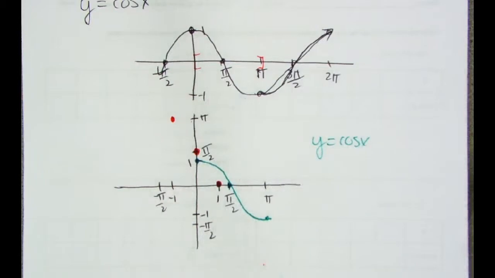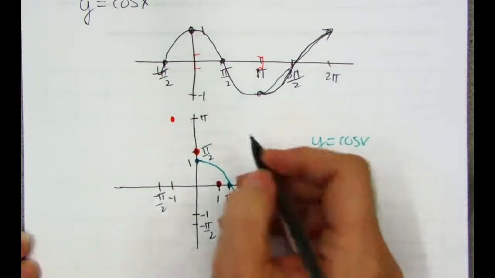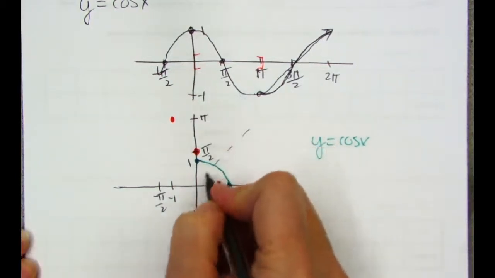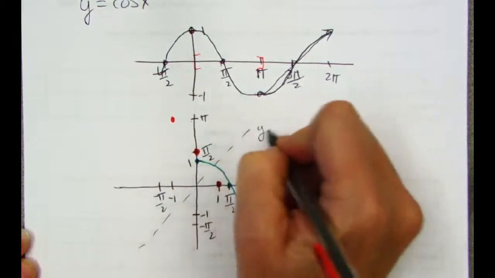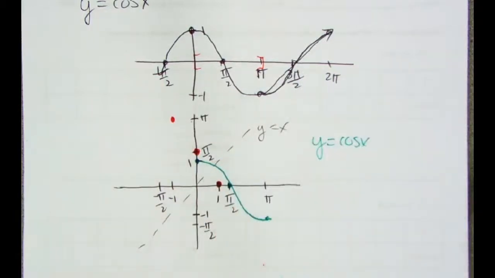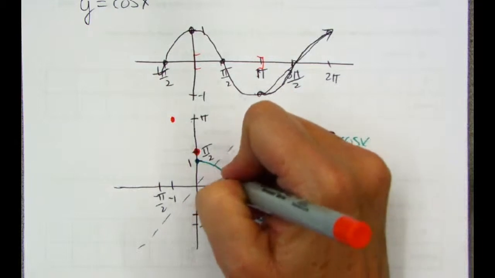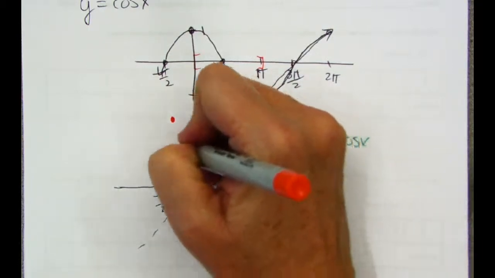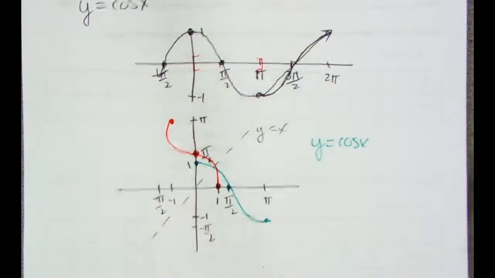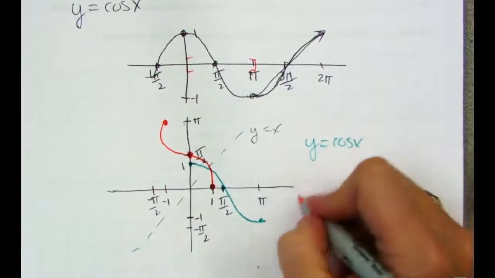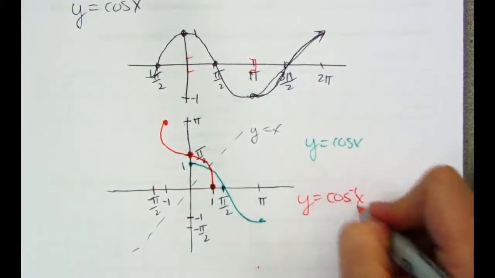To help know how it bumps or how it flows, I sketch in my line y equals x, and I can see better how I have to draw this. I'm going to go up here so that this piece is reflected over, and that is y equals the inverse.